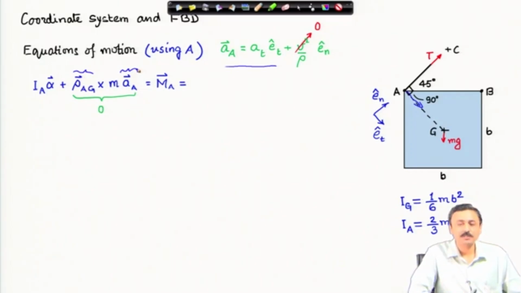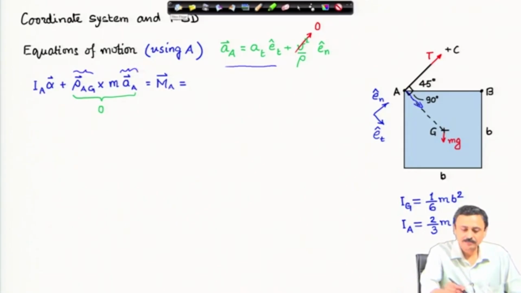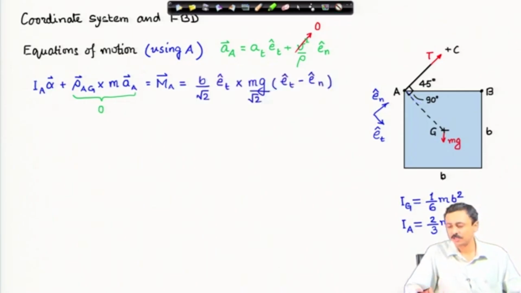and therefore, this term drops out, and I am left with a very simple equation, I_A times alpha is equal to M_A. Let us now look at the expression of M_A, which is straightforward. It is only the weight that produces moment about point A. Tension force is passing through A, so moment arm is 0.